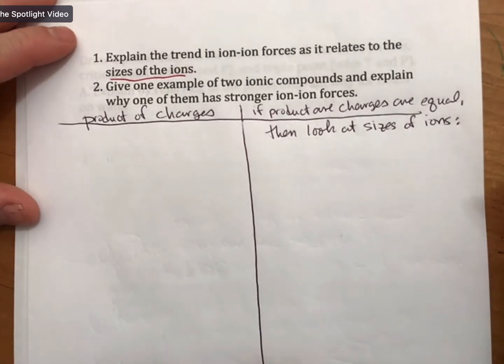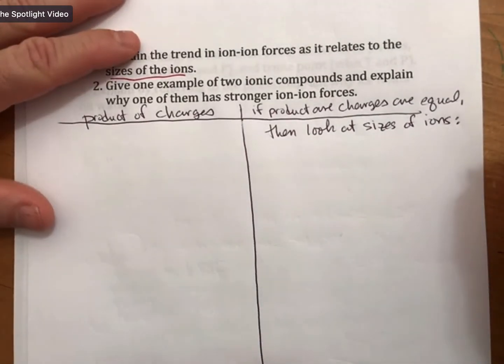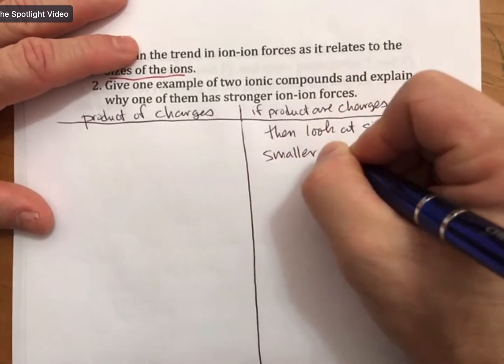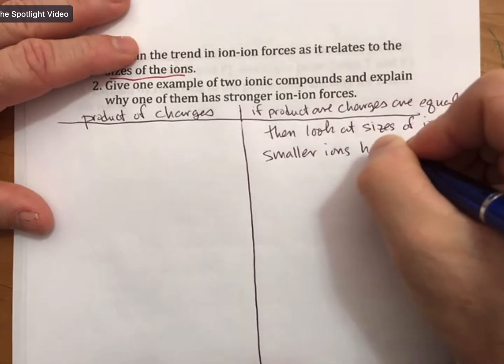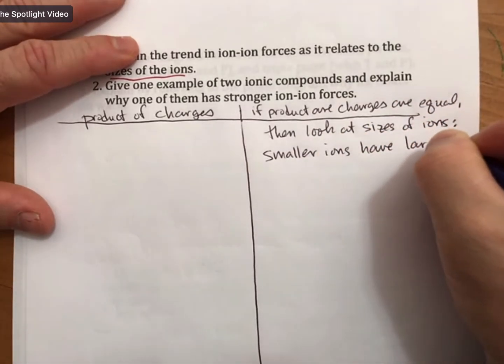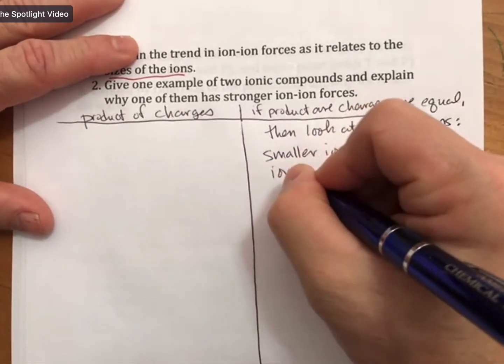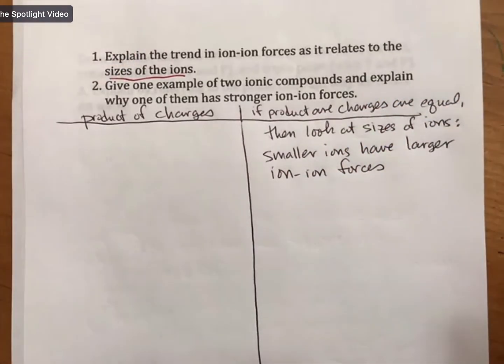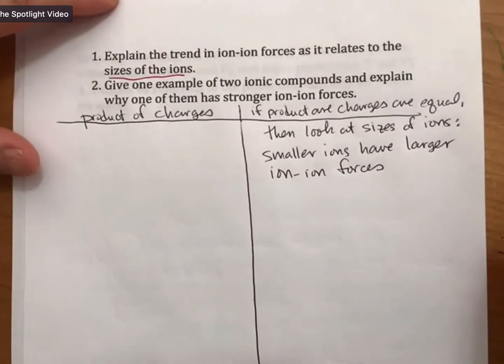Smaller ions have larger ion-ion forces. And product of charges, we've talked about an example of that.